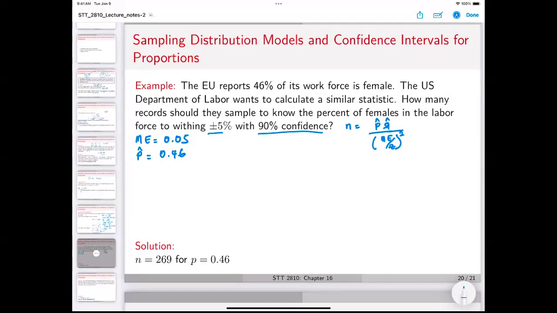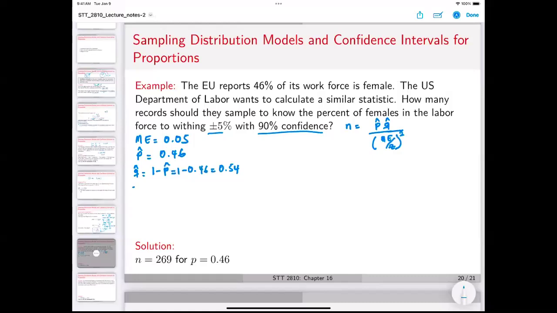We have our P hat. What is our Q hat then? Q hat is 1 minus P hat. Is that okay? So that's going to be 1 minus 0.46. What would that be? 0.54. Good.